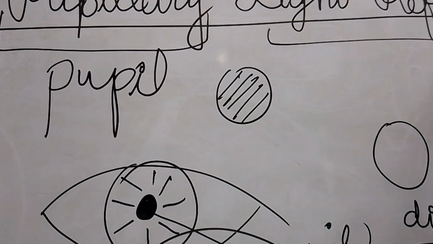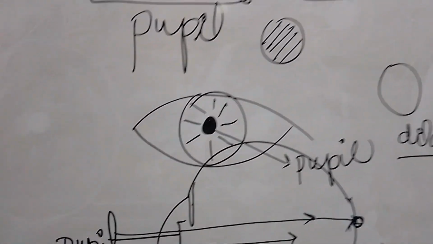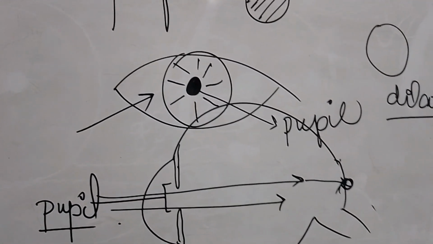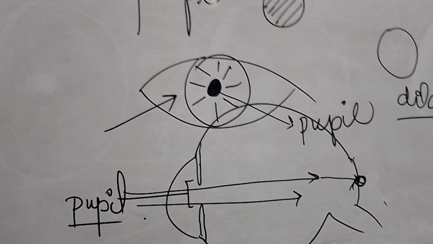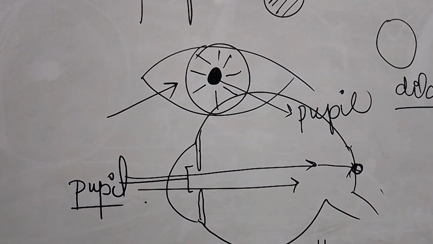Next we have the light reflex. So what does light reflex mean? When a light is shown to the eye, what happens? So take a torch and throw the light of that torch into your eye and stand in front of the mirror. What will happen?